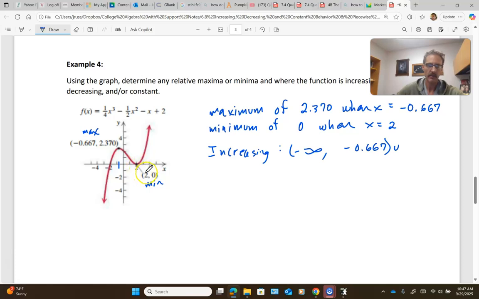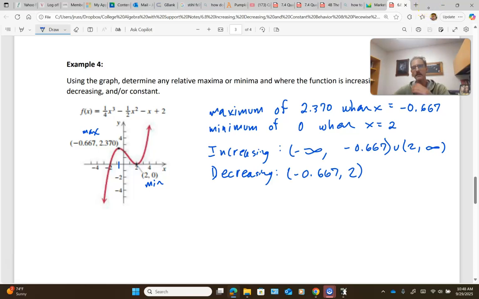The x-coordinate of this point is 2, so from 2 to positive infinity. And then it's decreasing in between that relative maximum and minimum. So it's decreasing from the x-coordinate of this point, negative 0.667, to the x-coordinate of this point, which is 2. So in between, our function is decreasing.